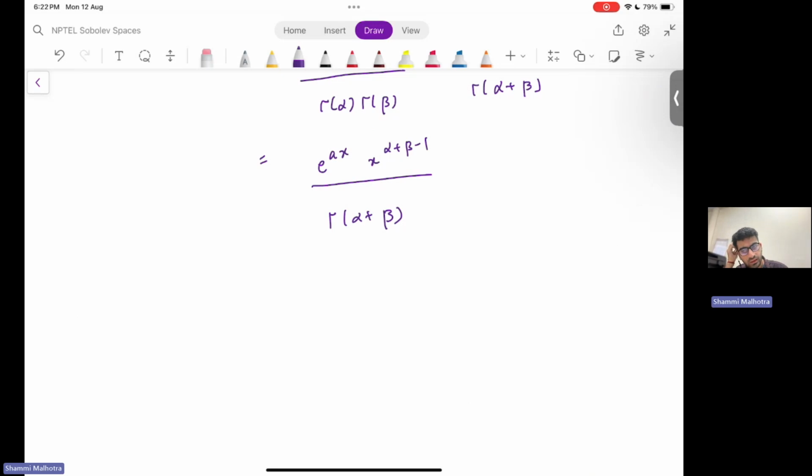So you can see that here, even though f and g are basically not locally integrable functions, still we are in a position to define this convolution.